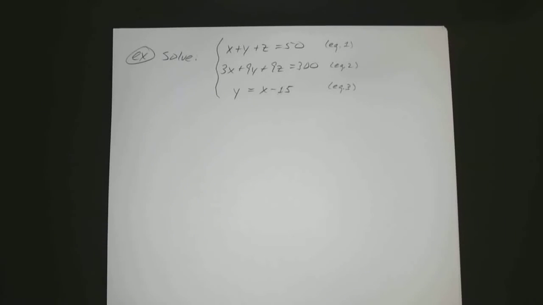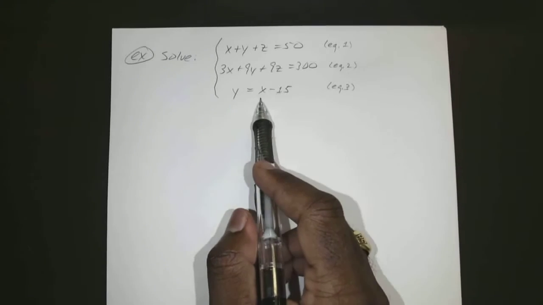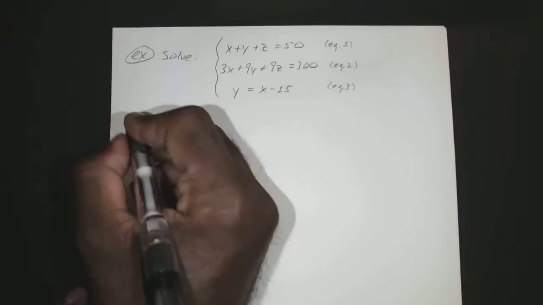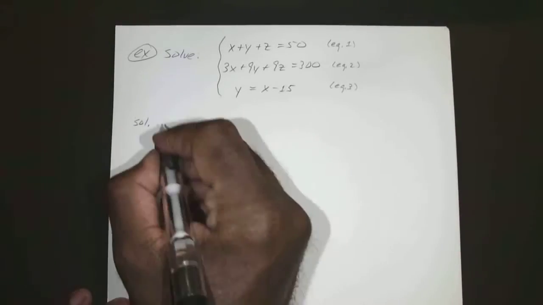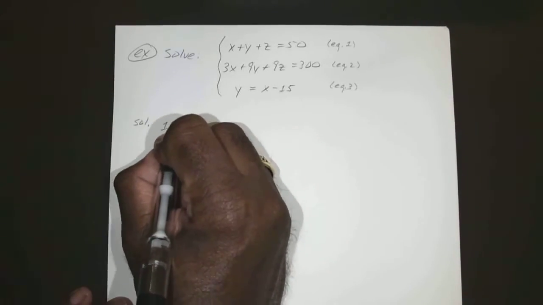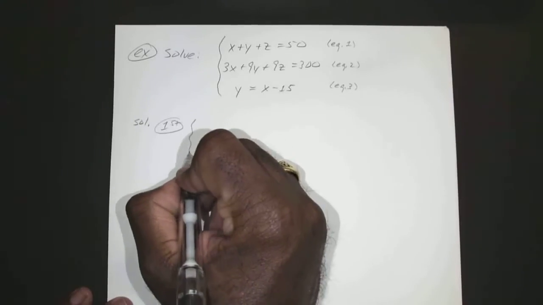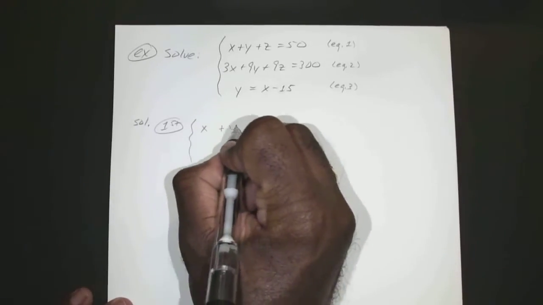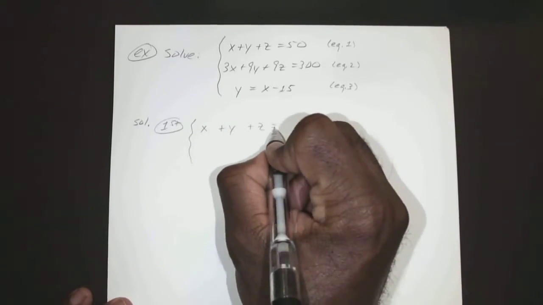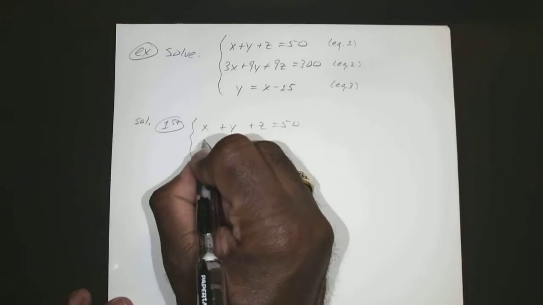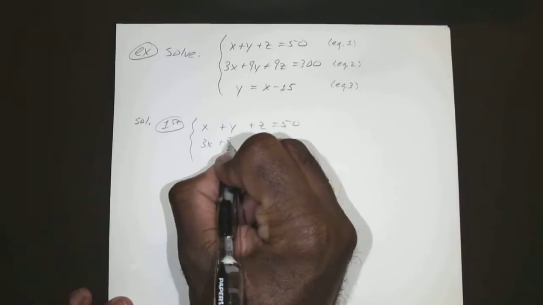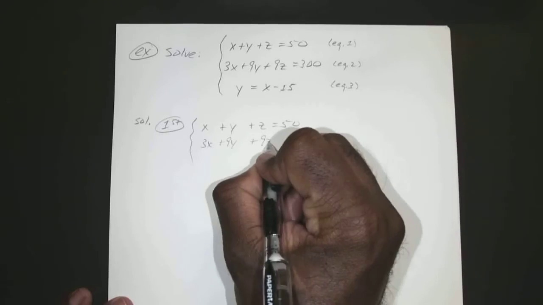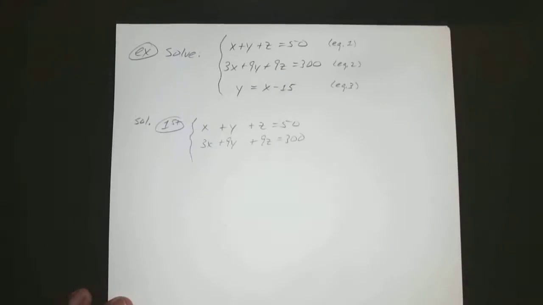Remember, your first step is to make sure they're all in standard form. So for that x, you just want to subtract x from both sides. We have x plus y plus z equals 50 and 3x plus 9y plus 9z equals 300.